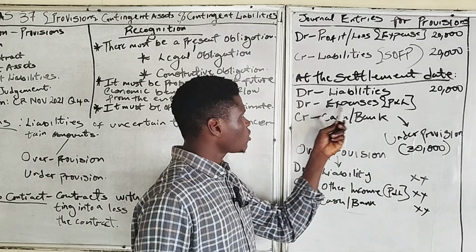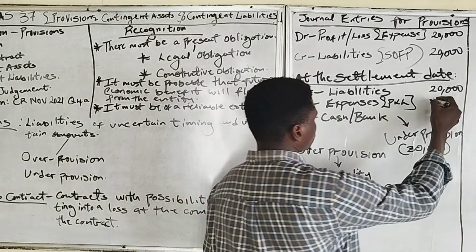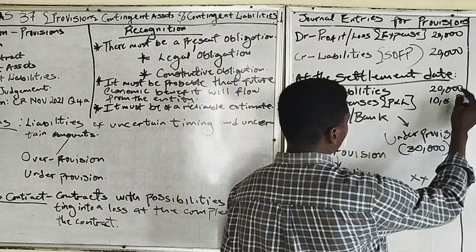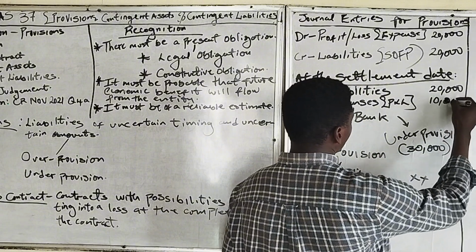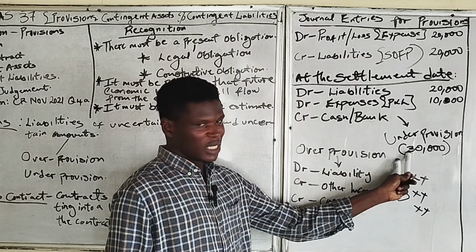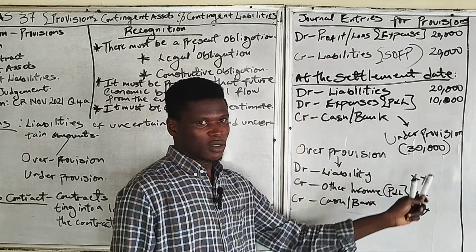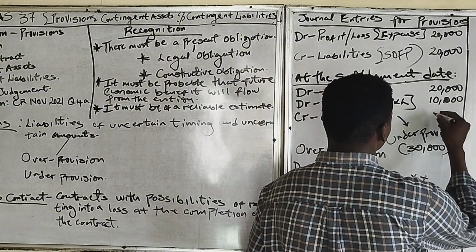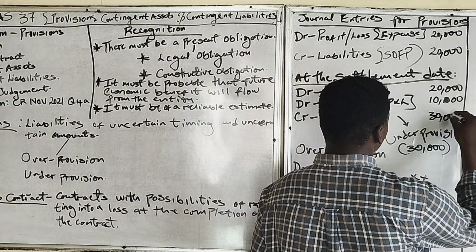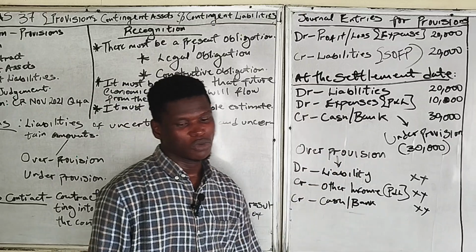So the remaining 10,000 will be charged as an expense to the P&L account. Then what we actually paid is 30,000, so what we are removing from our bank is 30,000. So that's in the case of under provision.